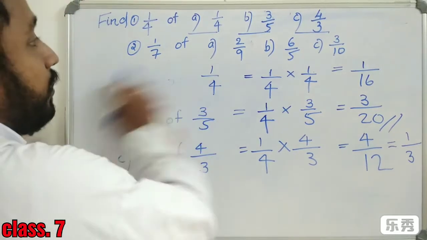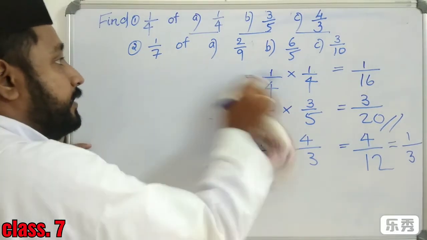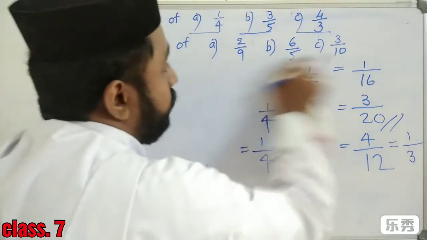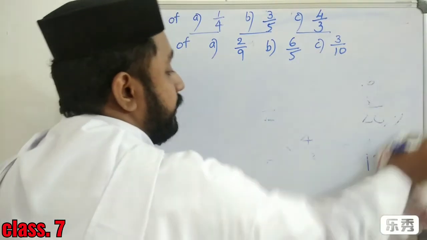Second question. 1 by 7 of, first one, 2 by 9. Second question, 1 by 7 of 6 by 5. And third one, 1 by 7 of 3 by 10.